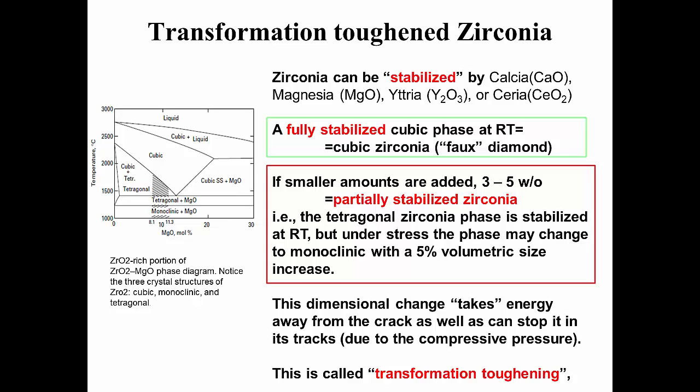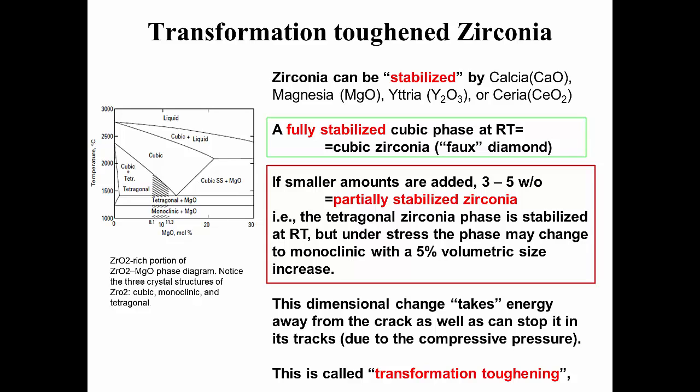To complete the discussion about the contribution of special microstructures to fracture toughness, the case of stabilized zirconia is an important one. It is a situation where a phase transformation during crack growth contributes dramatically to enhanced fracture toughness.